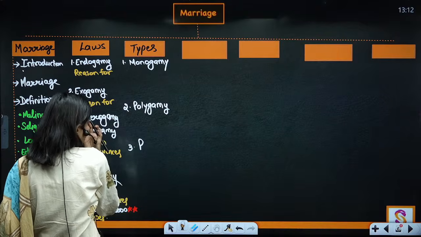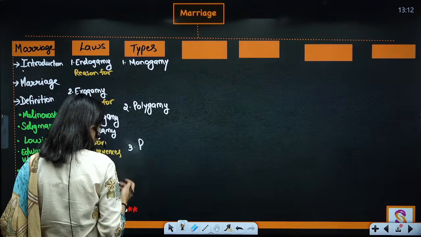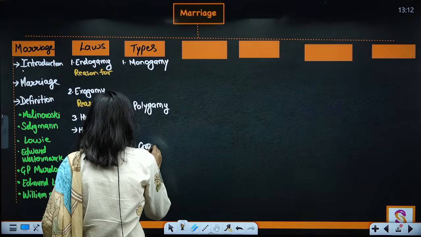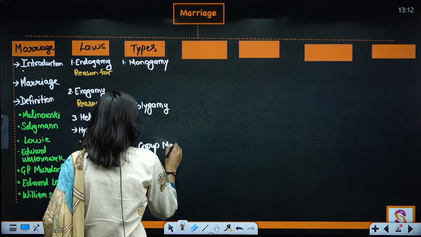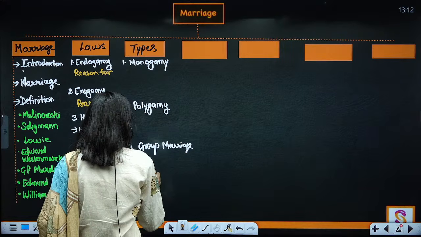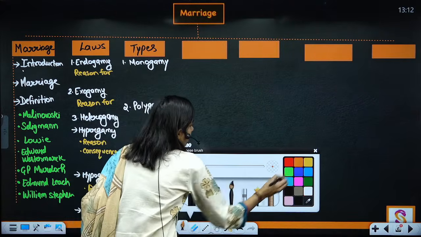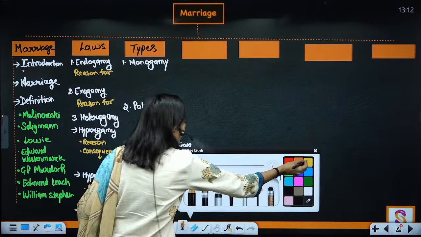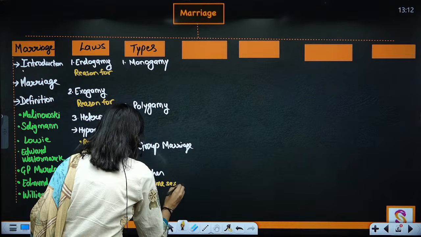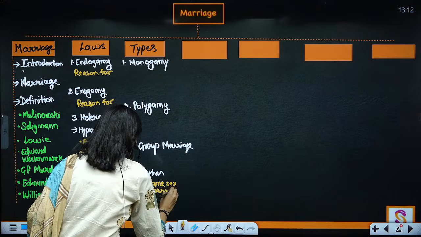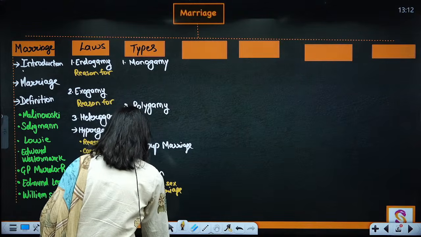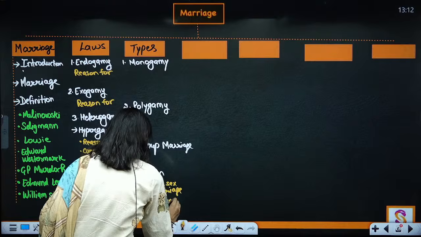In polygamy, we are going to have polygyny and polyandry. And we are also going to write down the others, in terms of extra. Extra means we are going to write down same-sex marriage, and a different type of marriage, basically the live-in relationship.